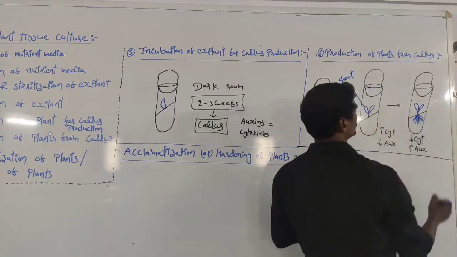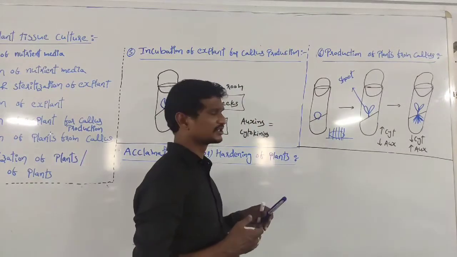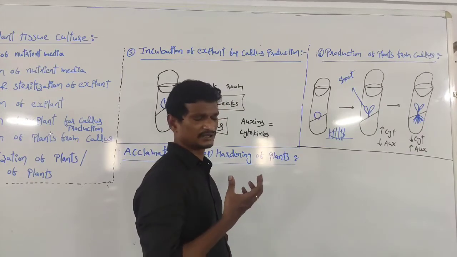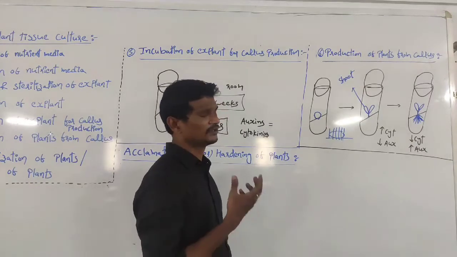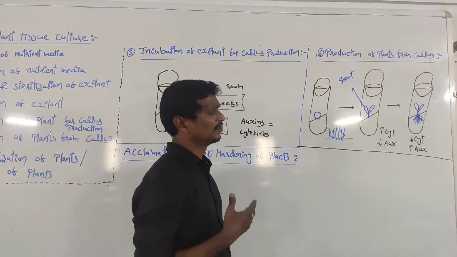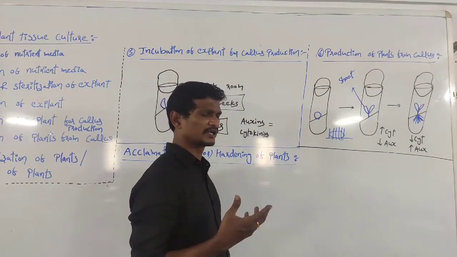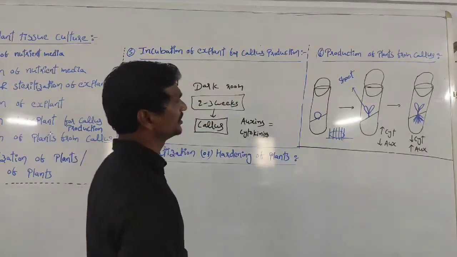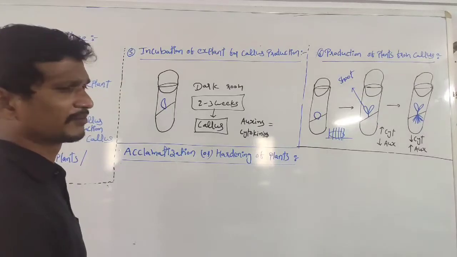We need to change the nutrient media: for shoot production one kind of phytohormone ratio is needed, and for root production another kind of ratio is required. So organogenesis requires separate nutrient media for shoots and for roots. In this way, from the callus we produce complete plants.